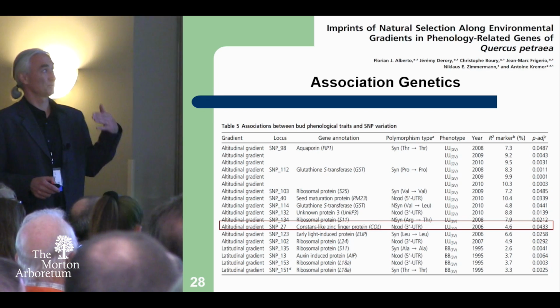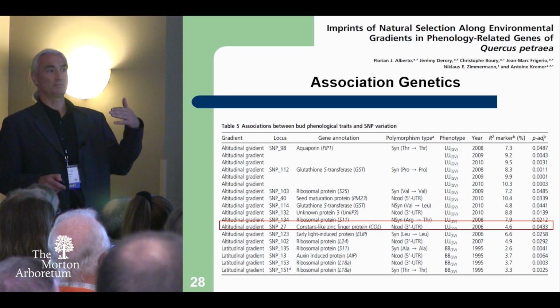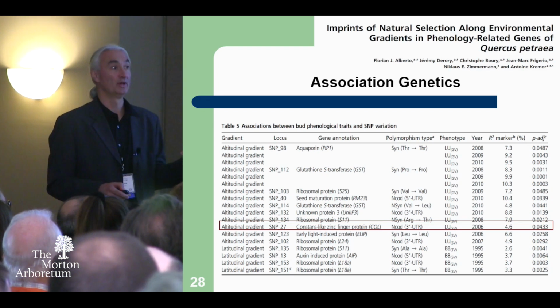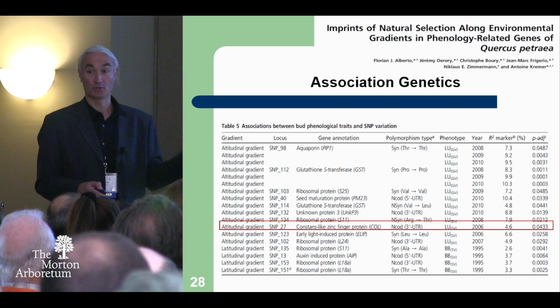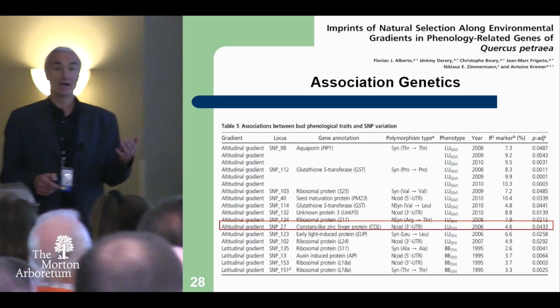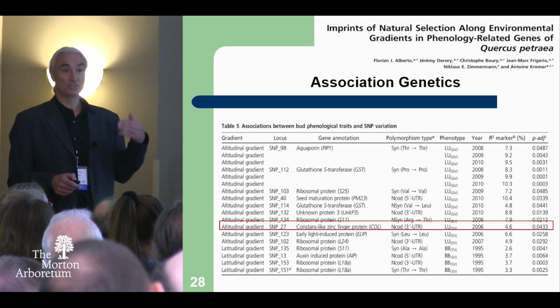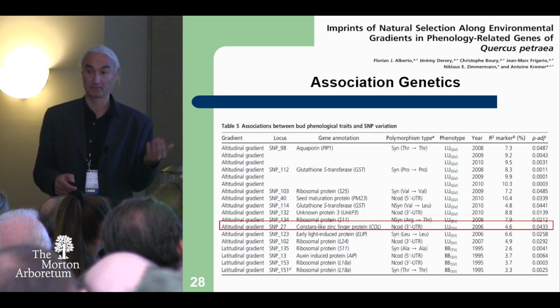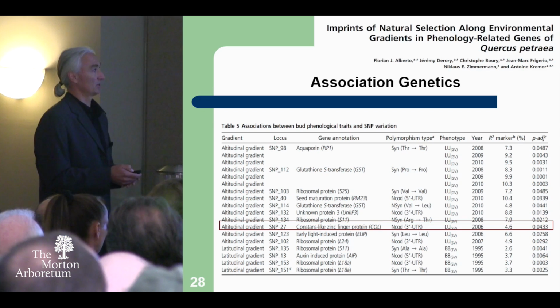So that led us to the question, how could we find such an interesting marker that has potentially a role in adaptive divergence between species? How can we associate variation in this gene with, for example, flowering time or with differences in drought tolerance?